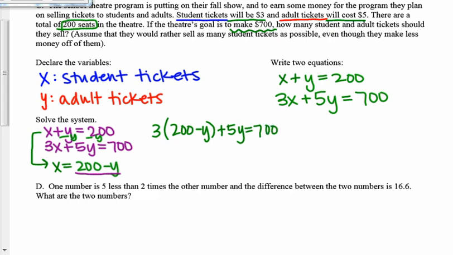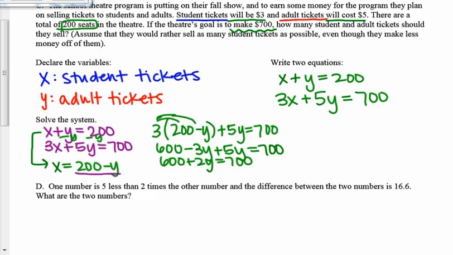I'm going to go ahead and distribute that 3. So I get 600 minus 3y plus 5y equals 700. When I add those y terms together, I get 2y. So 600 plus 2y equals 700.